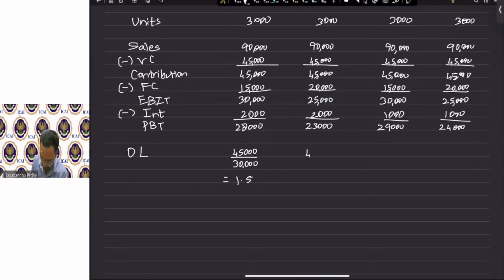Operating leverage is again 45,000 divided by EBIT of 25,000.